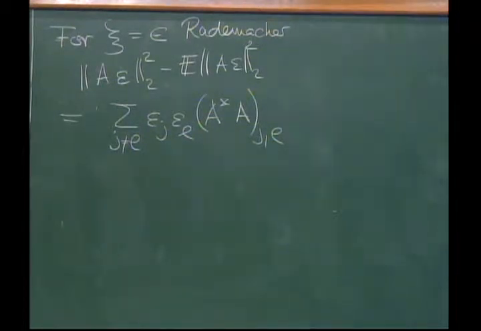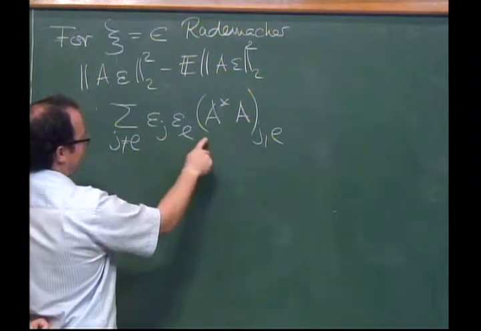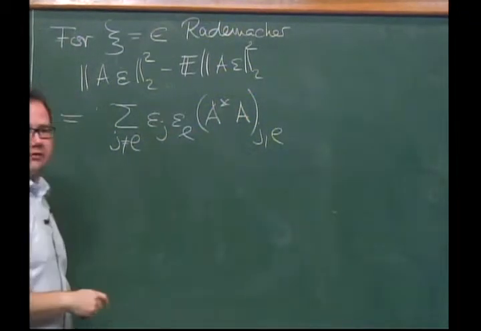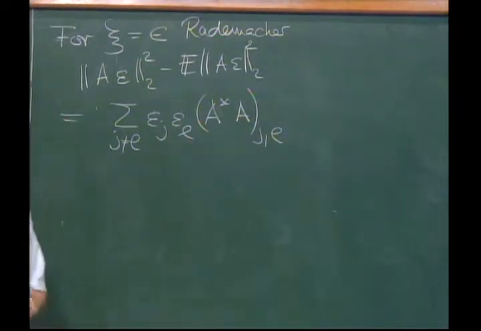And the special thing here is that a general chaos process has some matrix; in our case, we have matrices of the form A star A, so they are always positive semi-definite.